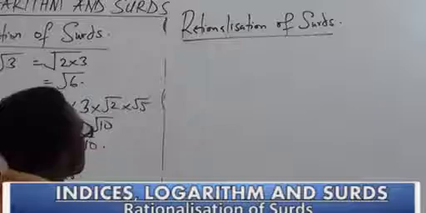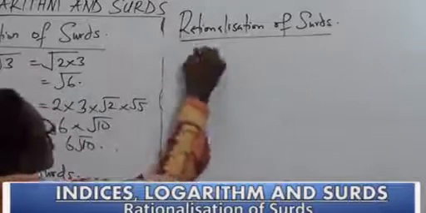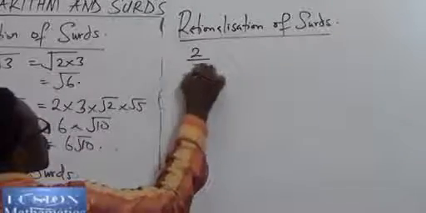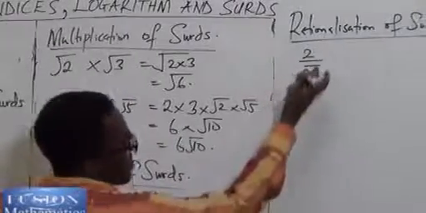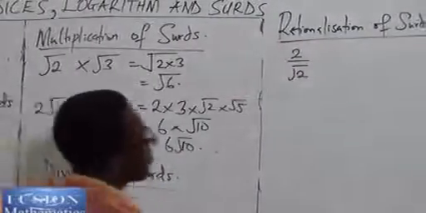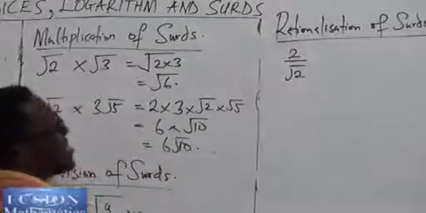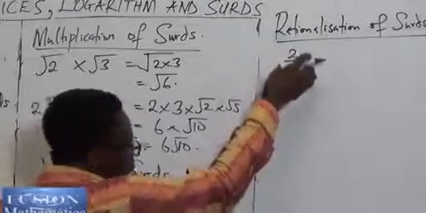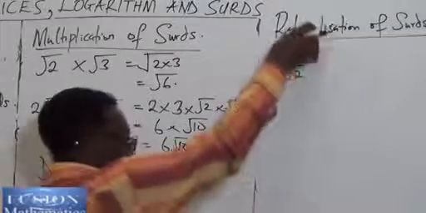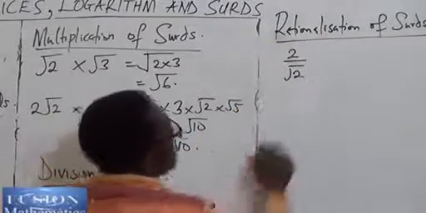Now, for instance, if we have 2 all over root 2, and we want to rationalize this, we have a root 2 as a denominator. It's not allowed. So to rationalize this, we use the denominator, root 2, to multiply both the numerator and the denominator.